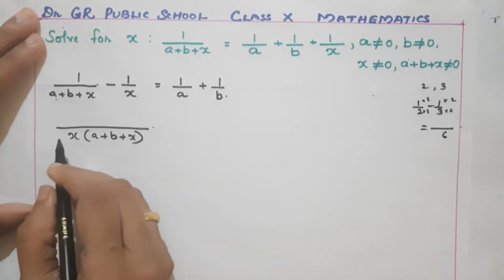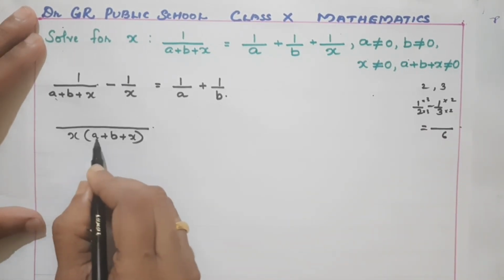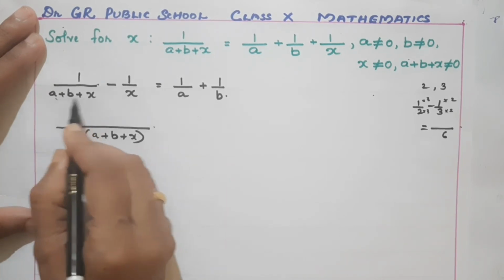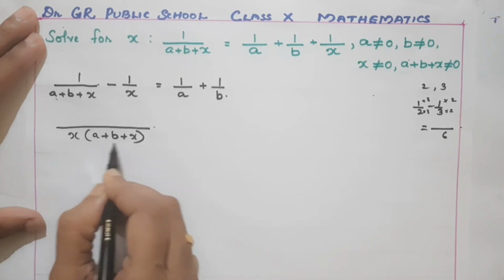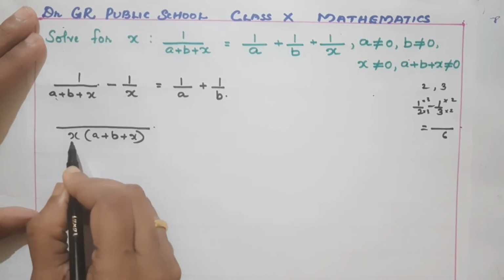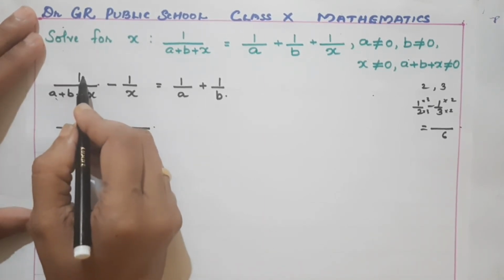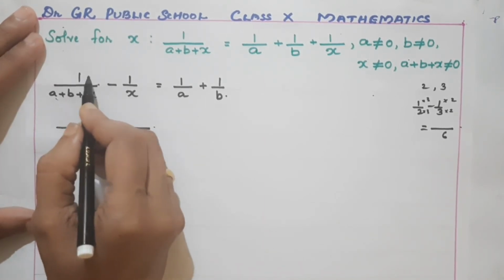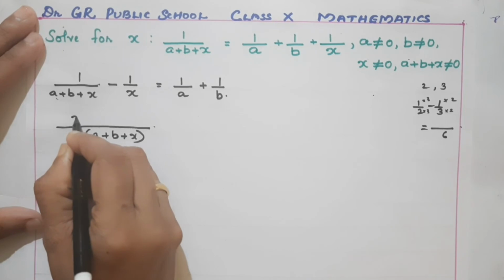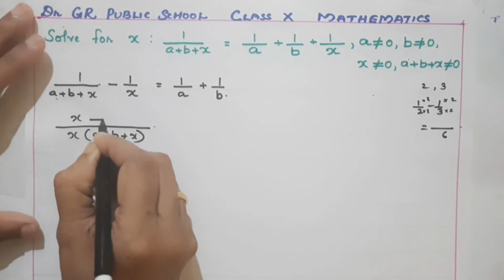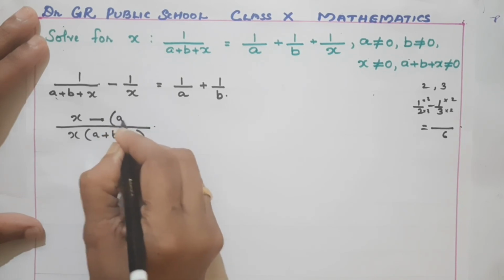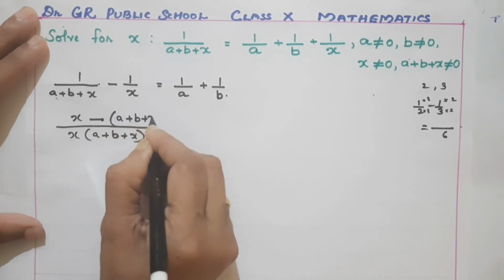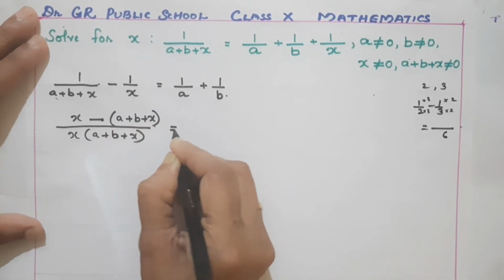So here also a plus b plus x. Here we have a plus b plus x. Into which number will we get this LCM? Into x. So here also we have to multiply x. So 1 into x is x minus, and here it is a plus b plus x is the numerator.